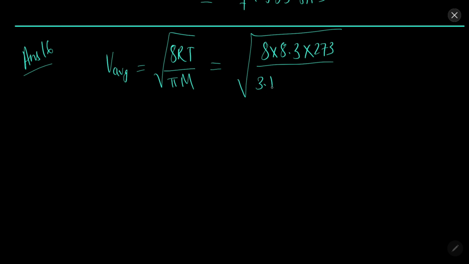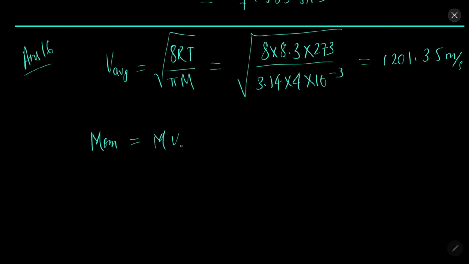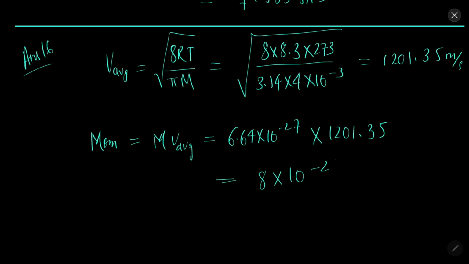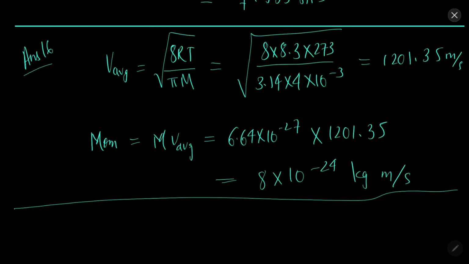Remember to put temperature in Kelvin. 1201.35 meters per second. So momentum will be mass into average velocity, 6.64 into 10 to the power minus 27 into 1201.35, so it will be 8 into 10 to the power minus 24 kilogram meters per second approximately.